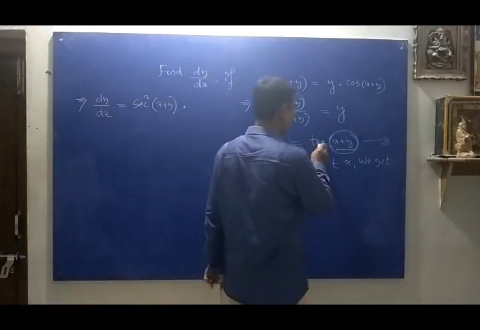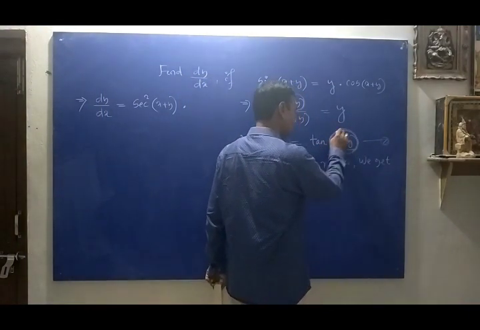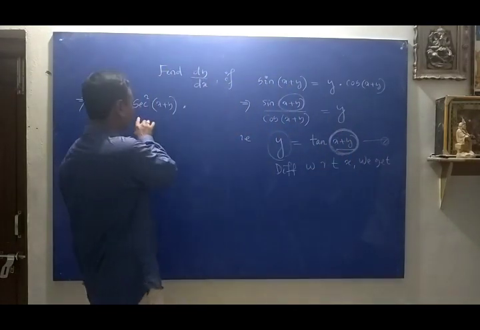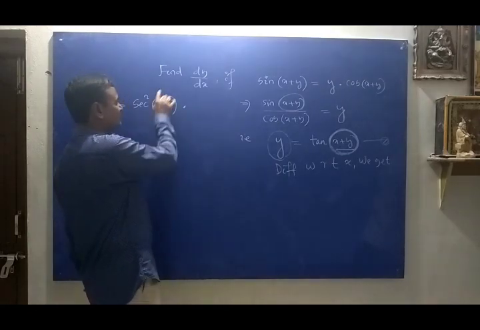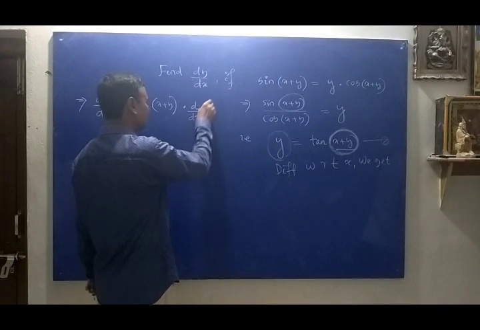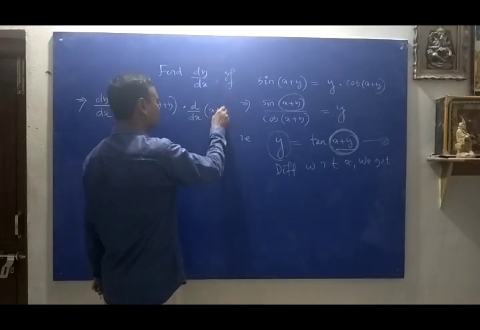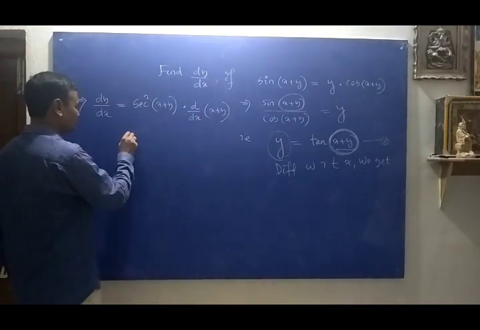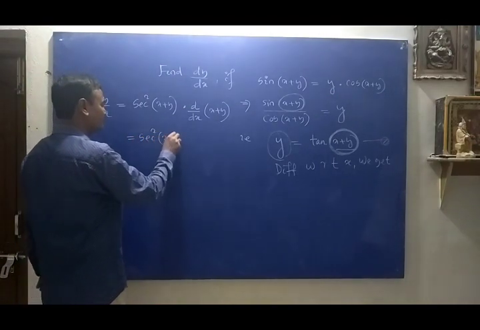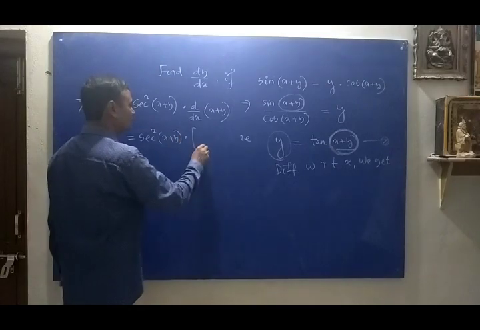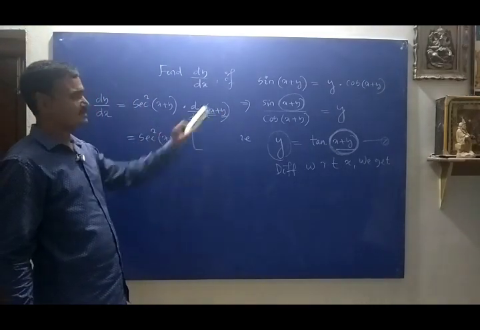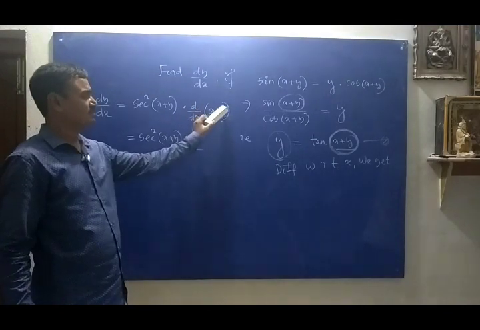First calculate the derivative of tan theta. What is the derivative of tan theta? Sec square of theta into the derivative of theta. So d by dx of x plus y is equal to sec square of x plus y into the derivative of x plus the derivative of y.